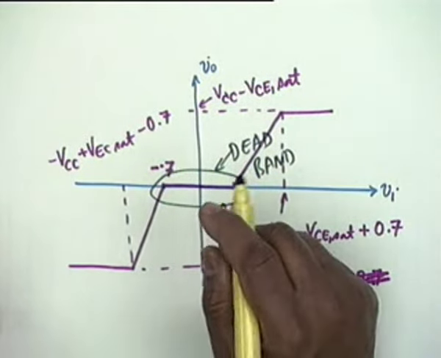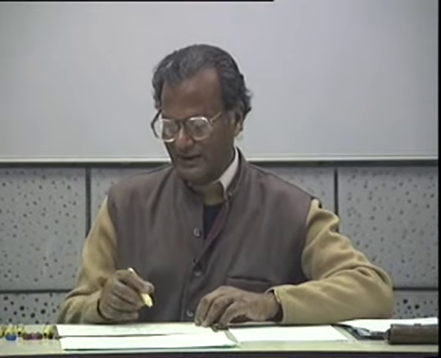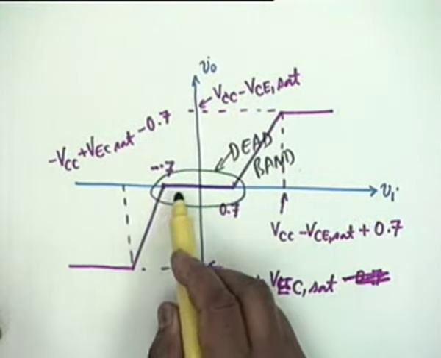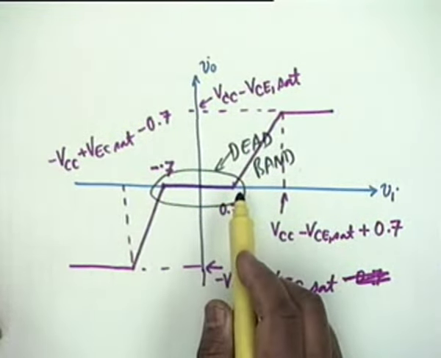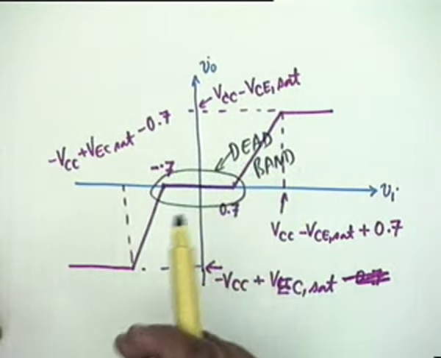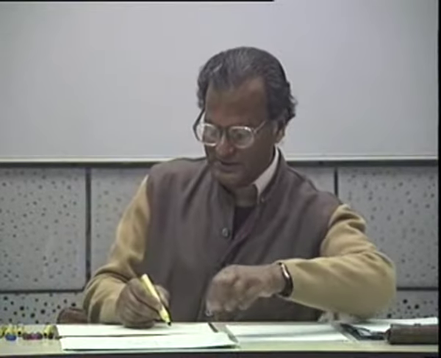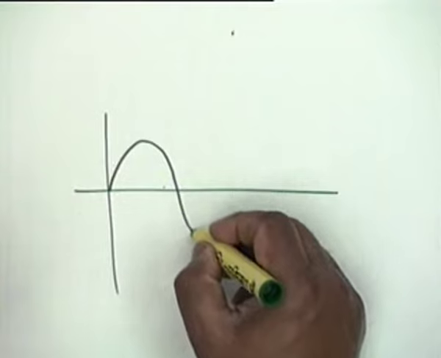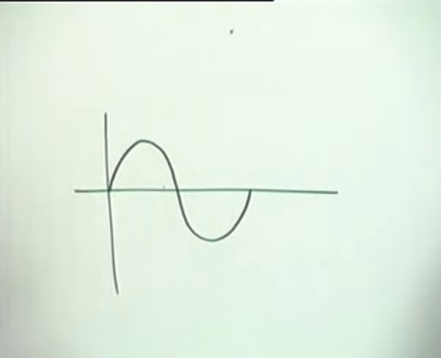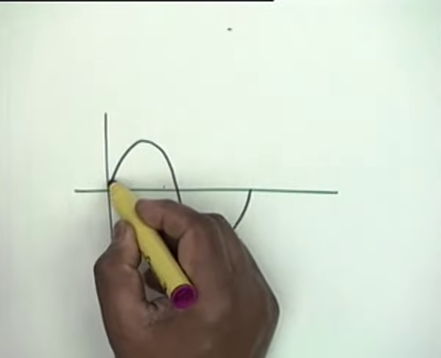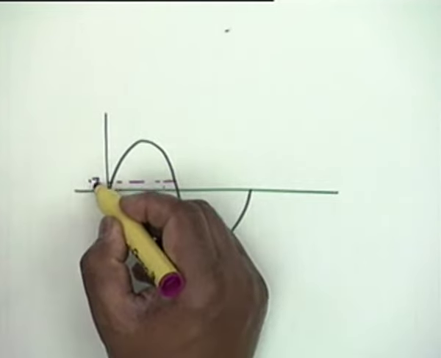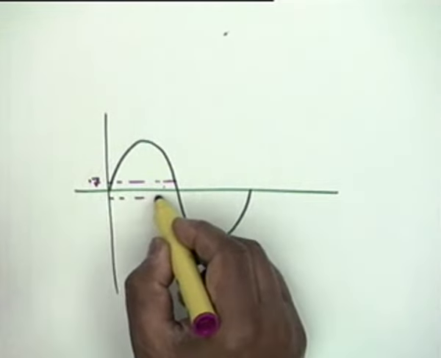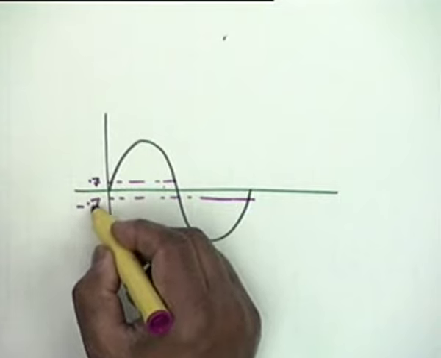The dead band is approximately of width 1.4 volt. What it means is that if the input voltage lies between minus 0.7 and plus 0.7, no current flows either in Q1 or in Q2, which means that if my input voltage is like this, then I draw a 0.7 line and a minus 0.7 line.